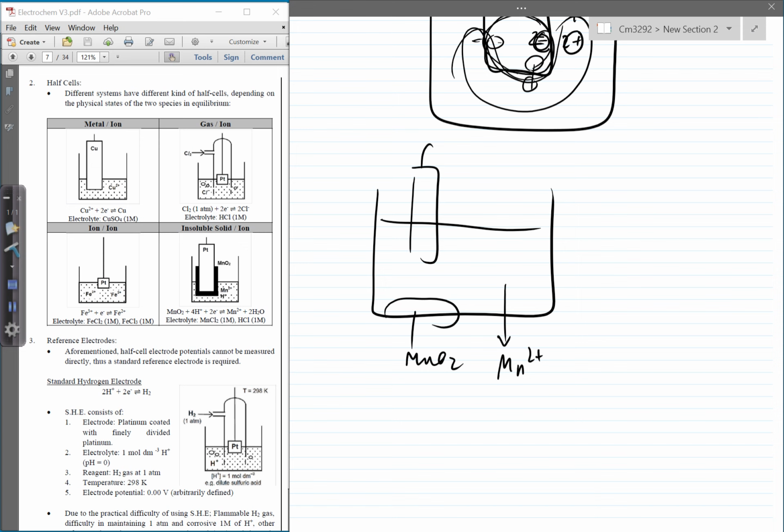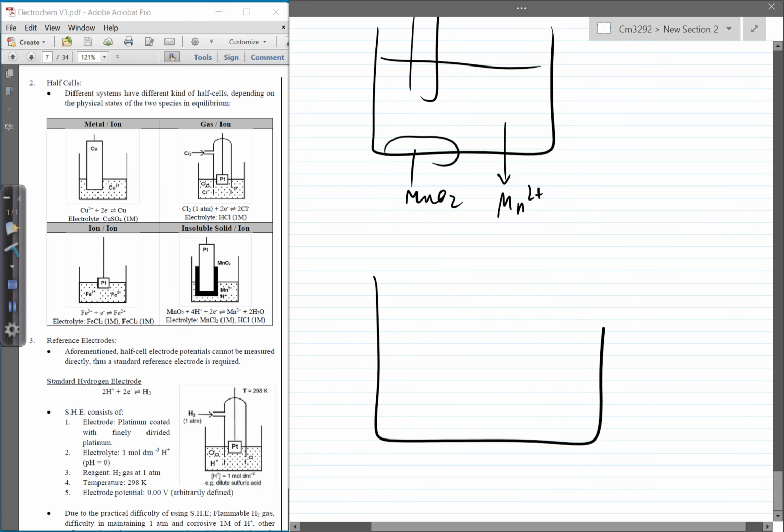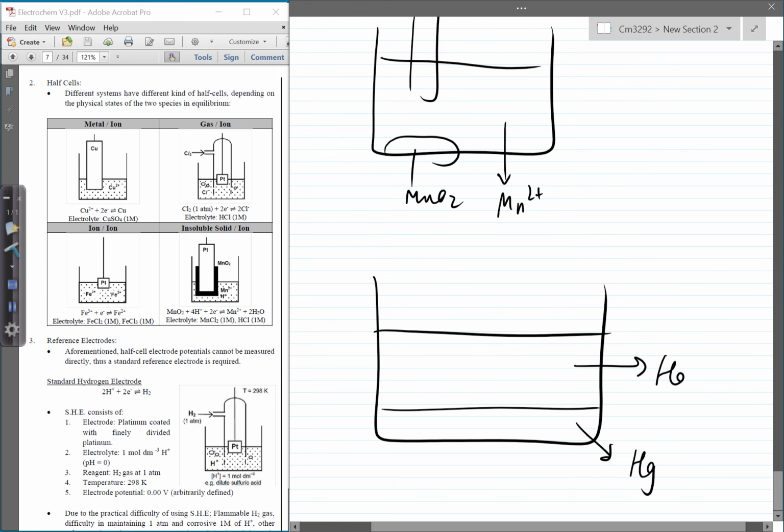So how do you draw a mercury half cell? Remember, you cannot let mercury sink in. Mercury is a conductor, not an insulator. So the trick is, you add mercury and mercury will sink to the bottom because metal is heavier. So this is your mercury, and this is your Hg2+ solution, if you can make it into a solution, because Hg2+ is supposedly insoluble as well.